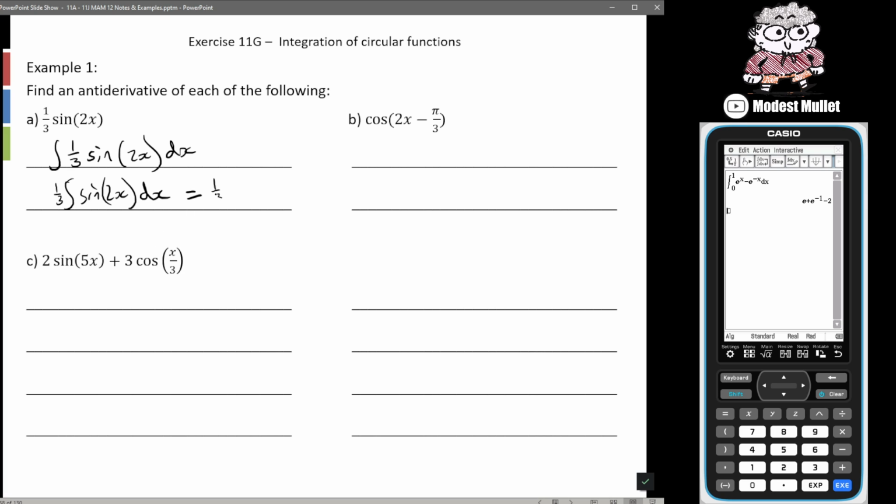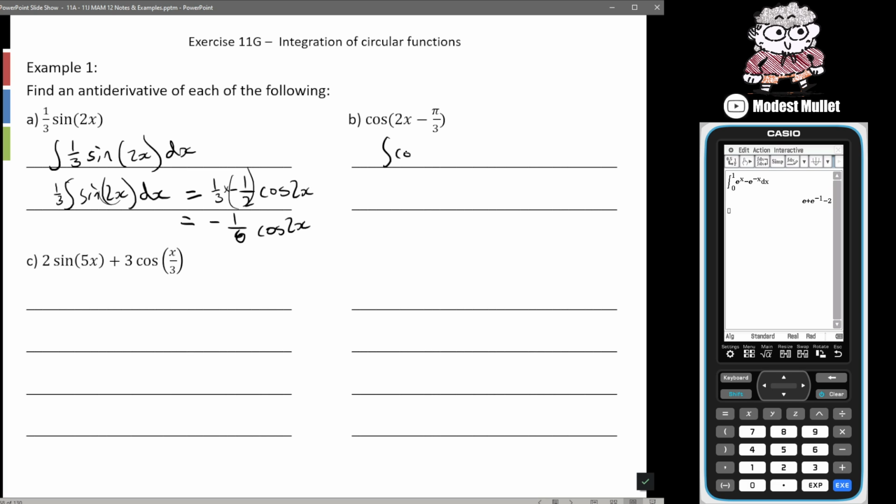So we're going to have 1/3, and then negative 1 on our k value, which is 2. Let's put this in brackets because these are going to be multiplied, and that's going to be cos 2x. If we simplify, we get negative 1/6 cos 2x.